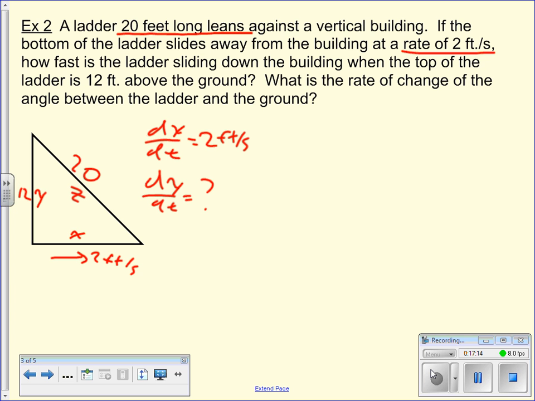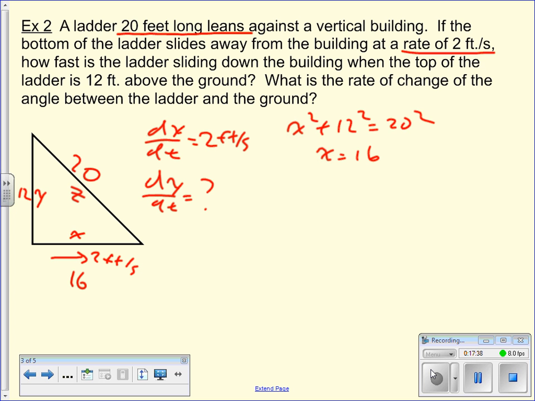But you could also do this: x squared plus 12 squared equals 20 squared. You get 16 for x. So that means x is 16. Does that make sense?